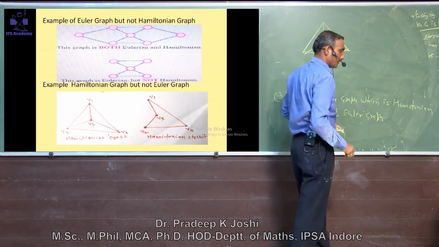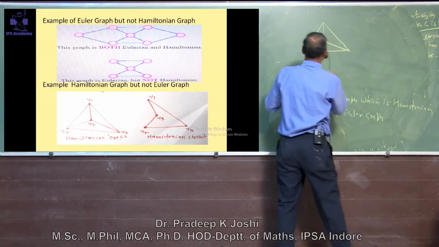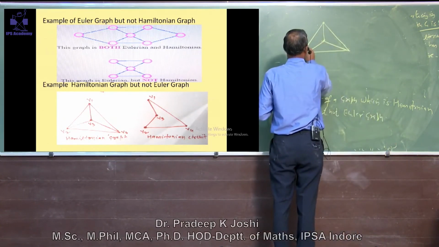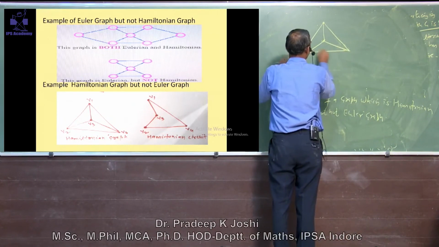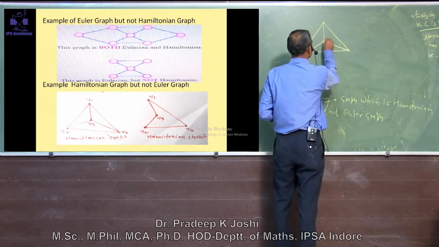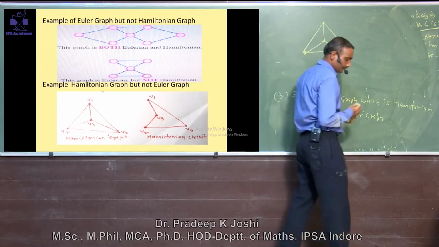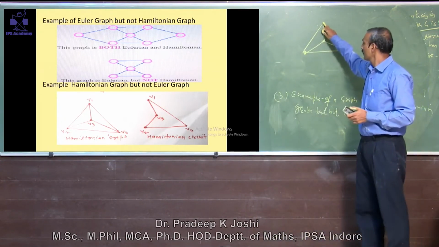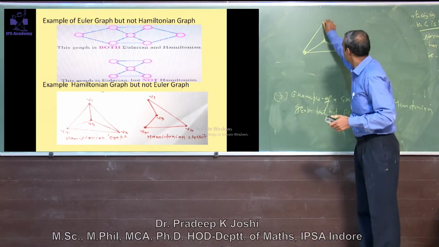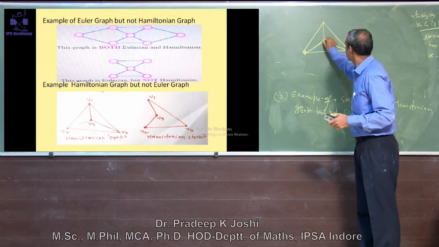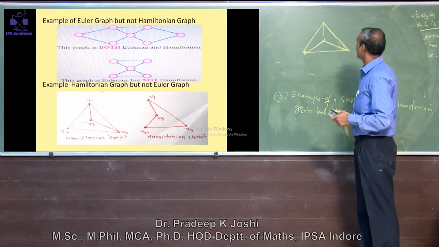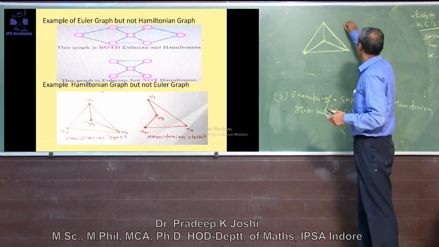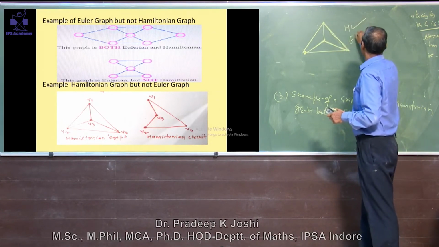This is the Hamiltonian graph but not an Euler graph. Just to see, the Hamiltonian circuit we can easily find. We visit these and this. This is the Hamiltonian circuit. So it is a Hamiltonian graph but not an Euler graph.